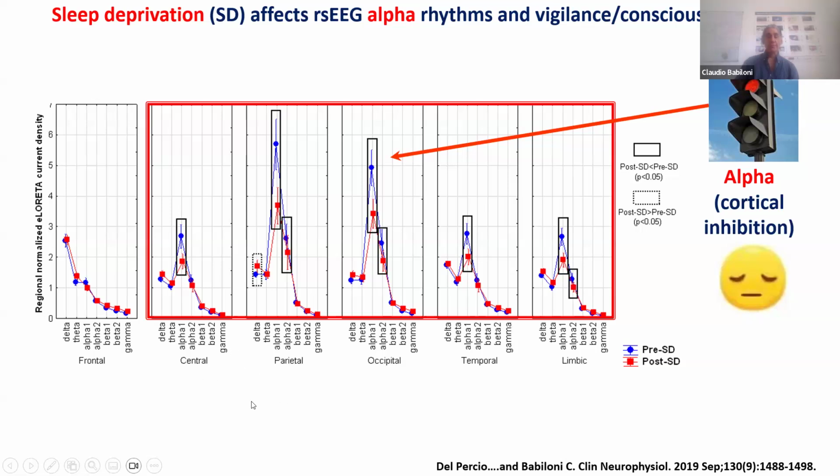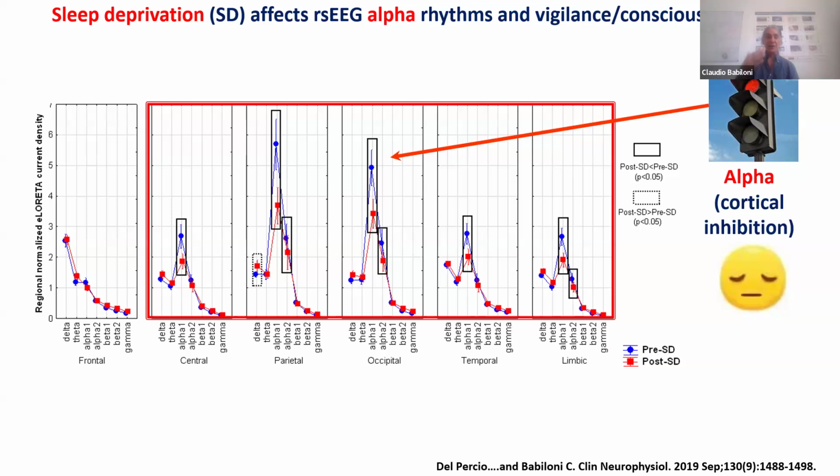In the graph, you see the profile of cortical source activity from delta to gamma in blue for the EEG recording before the night of sleep deprivation.